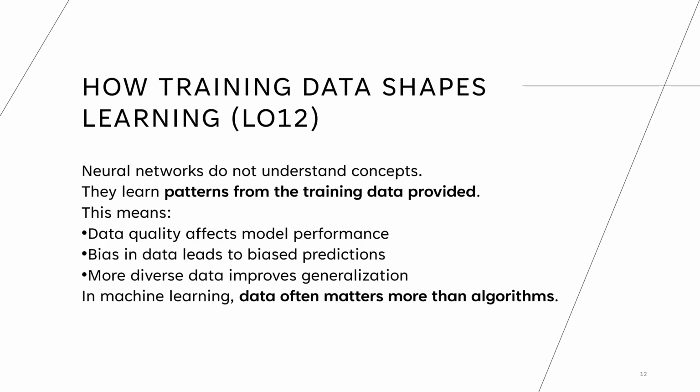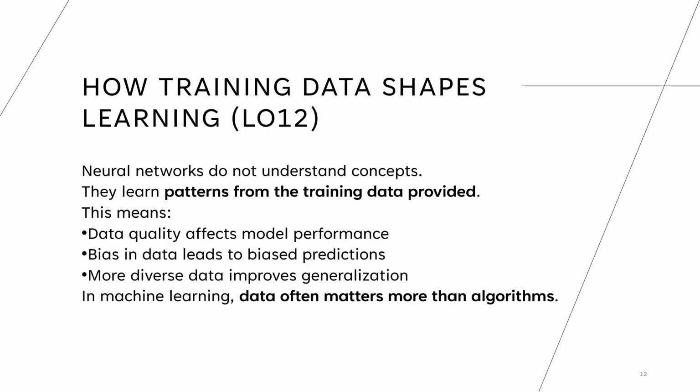Because of this process, the quality of the training data has a major impact on model performance. If the data contains errors or poor quality information, the model will learn those same problems. If the data contains bias, the predictions generated by the network may also reflect that bias.